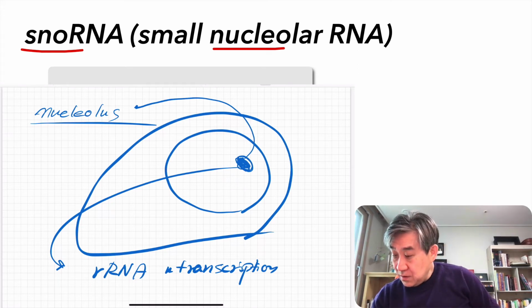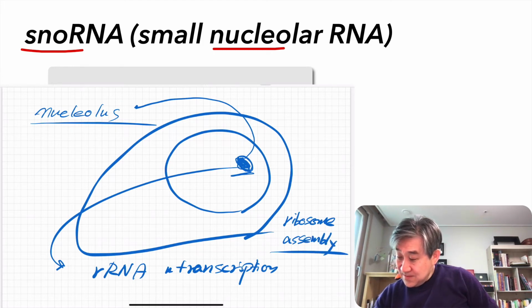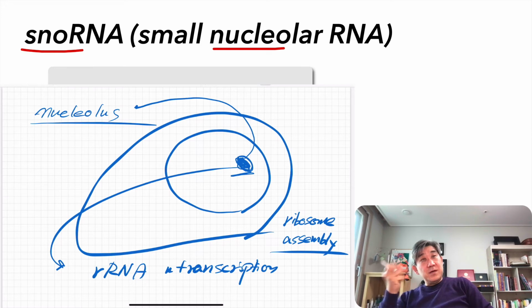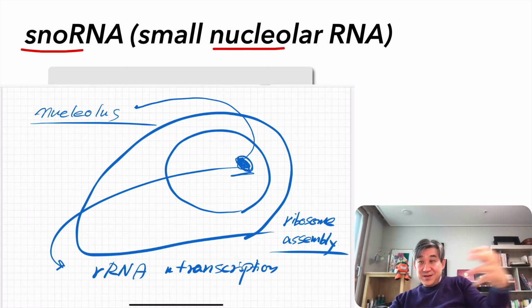And also in this area, the ribosome assembly takes place. Ribosome assembly involves proteins, because many different proteins are needed to assemble, whether it's a small subunit or a larger subunit, right?